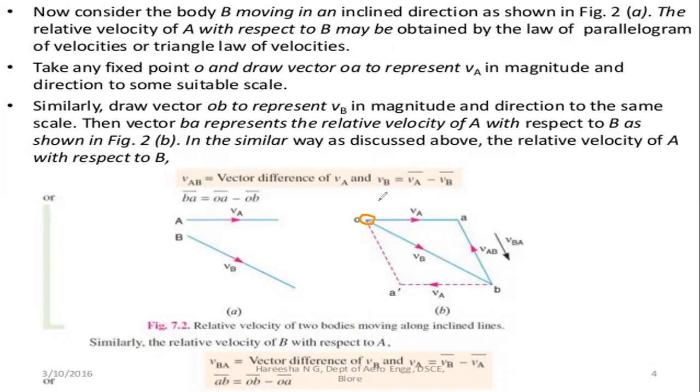So this is the vector OA, representing the velocity VA, the velocity of A, in both magnitude and direction, to some suitable scale. So to some suitable extent, you can extend the velocity of A.